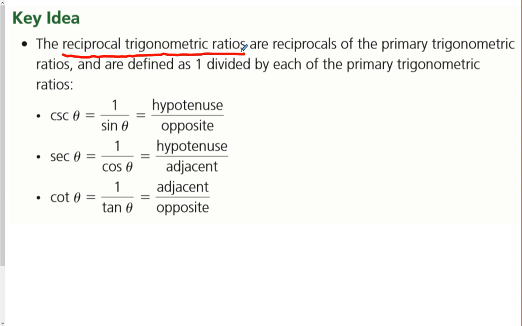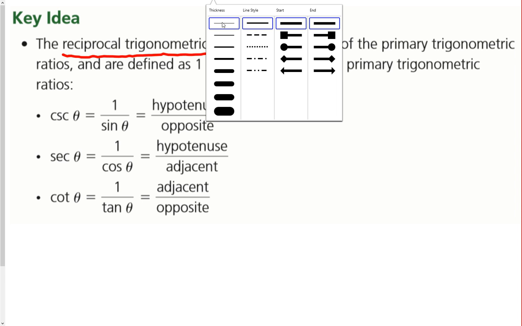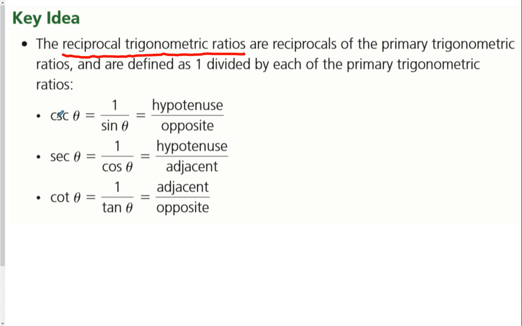So what does that mean? We've got these three things. I'm going to write the names for them on here. The first one is written as CSC, and what that stands for is cosecant. So just like sine, cos, and tan, there's a new one called cosecant.